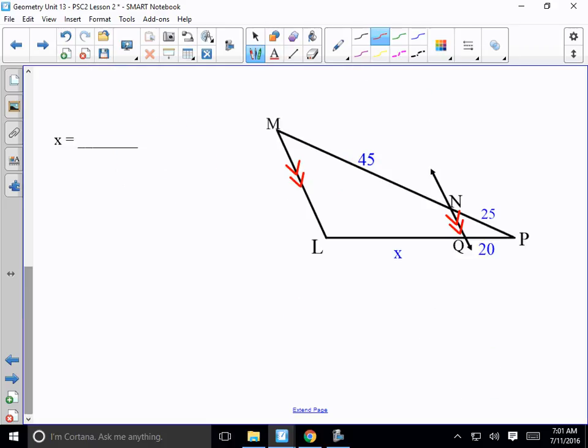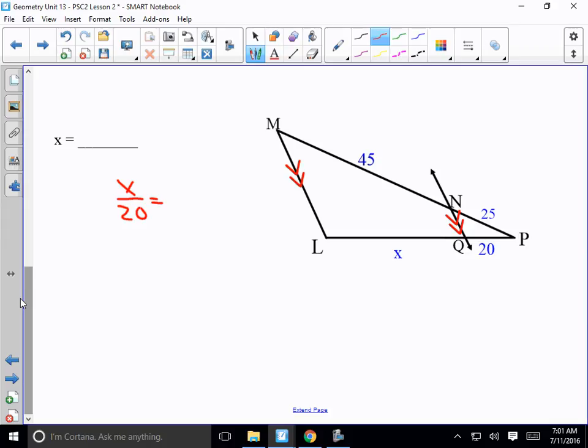Okay, same thing here. The triangle is just tipped a little bit differently. Remember, always identify where your parallel lines are, because you're working with the two sides that connect those parallel lines to each other. So if I want to go x over 20, I'm going from the left to the right on the bottom.